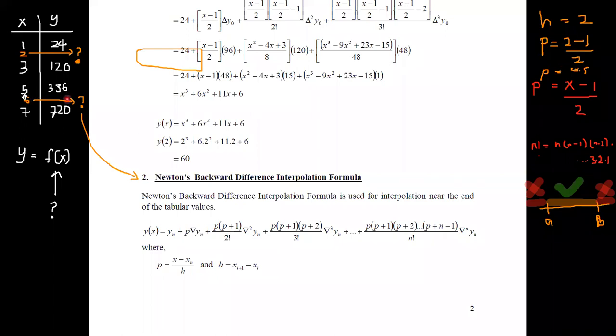The unknown value is y. The value associated with this unknown quantity is this x. Here xn is the last value of the data set, and x minus xn has to be divided by h, and h is the difference between any two given consecutive points.